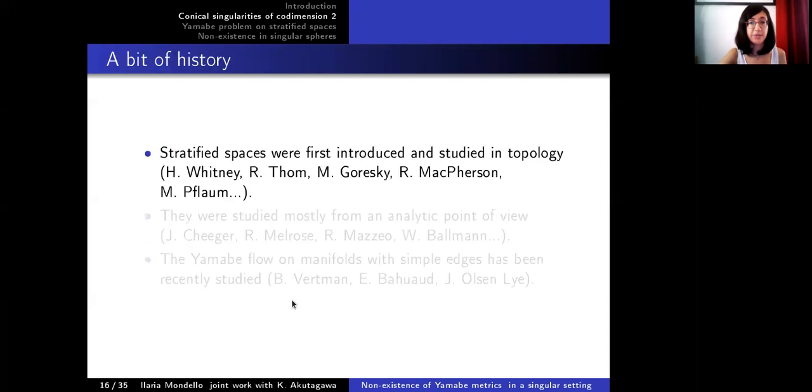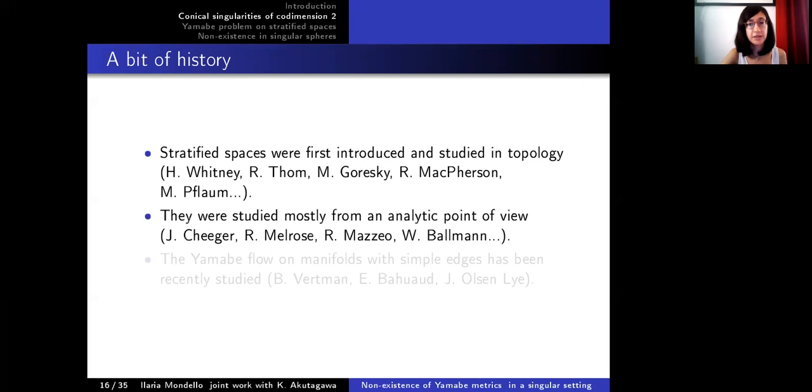So stratified spaces had been introduced first in the 40s as a way of studying topological spaces with the idea of decomposing a topological space into nicer pieces that are given by manifolds. Later on, starting from the 80s, they were studied from a spectral point of view.